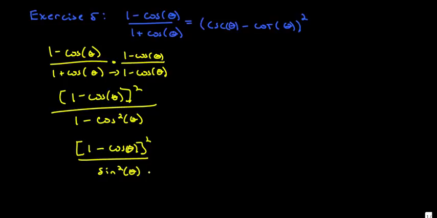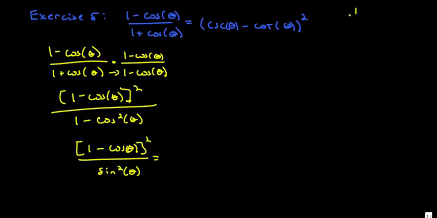Okay, and so what is this? Well, this is really 1 over sine. Now, let me write it like this. When I'm working these problems, what I'm looking at over here is that I need a cosecant and a cotangent, and I know that cosecant is 1 over sine.